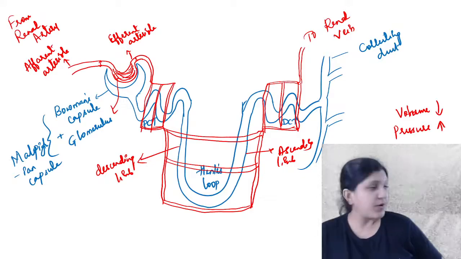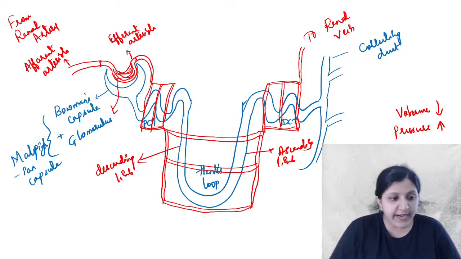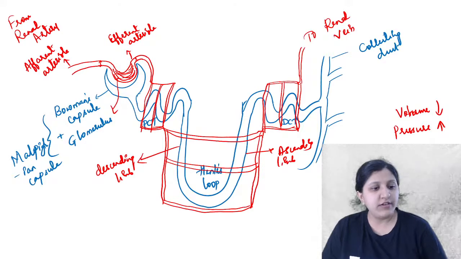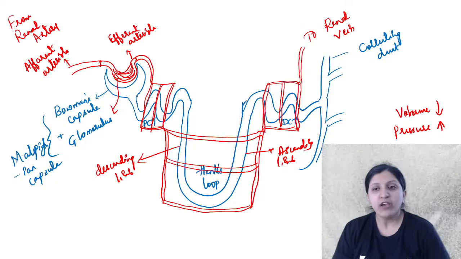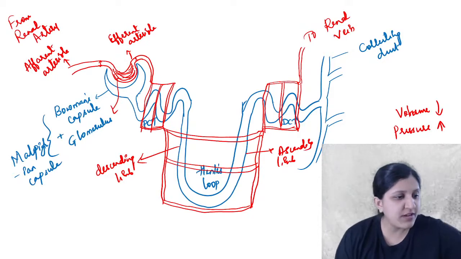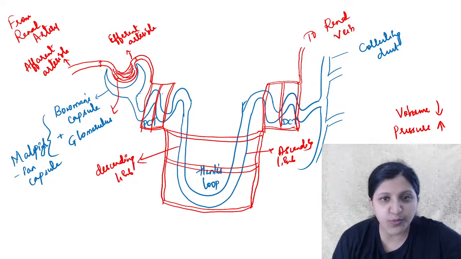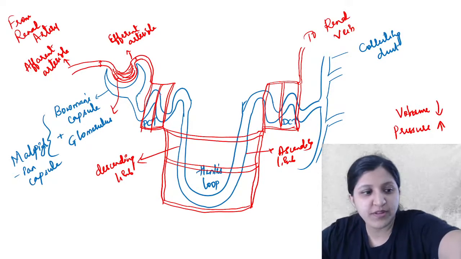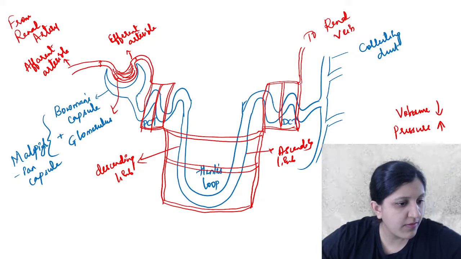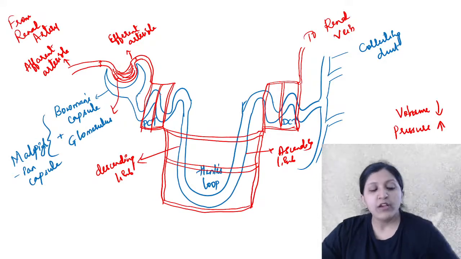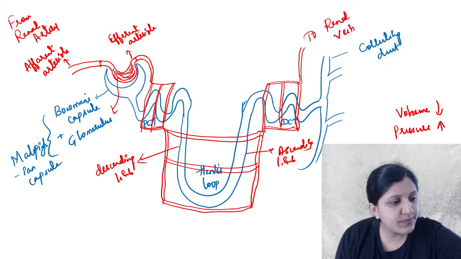I don't know what the problem is. Anyway, I'll continue as such only for today, and let me check it for the next classes. I am visible, my diagram is visible, so I hope it's fine as of now.